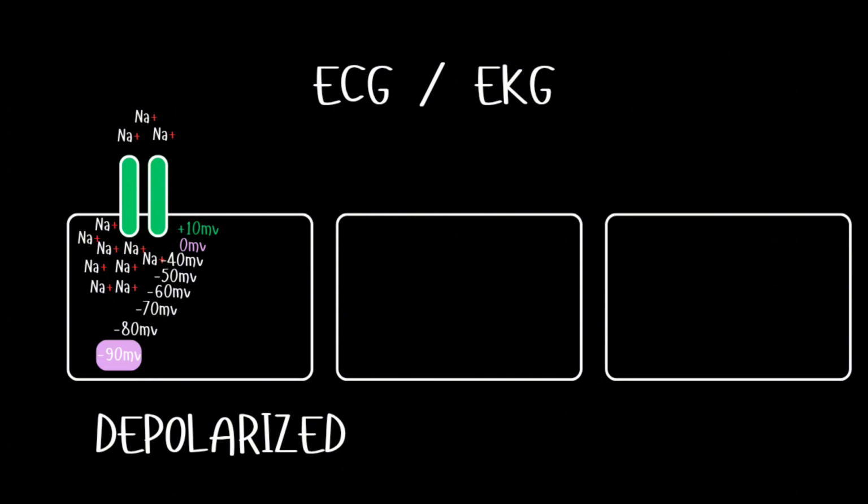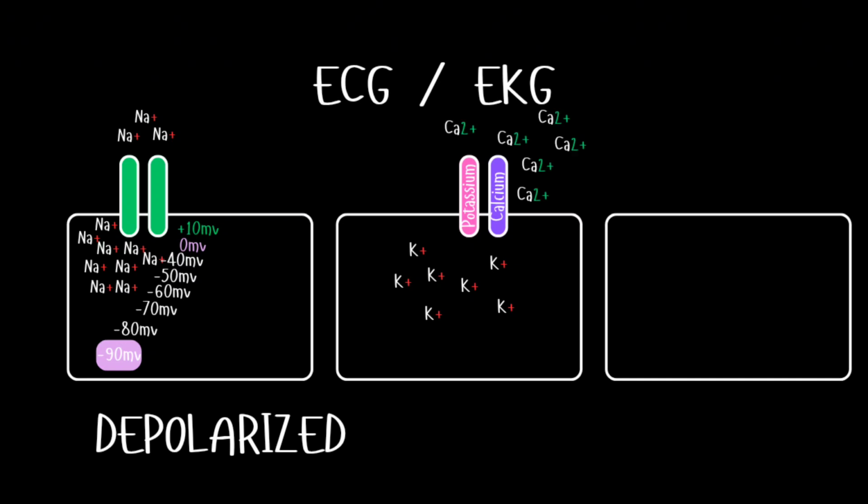The next electrical event is that the depolarization-sensitive calcium channels and potassium channels both start opening. And you must know, a normal healthy cell is very, very rich in potassium intracellularly. Potassium is normally more as compared to the extracellular potassium, and extracellular calcium is normally more as compared to intracellular calcium.